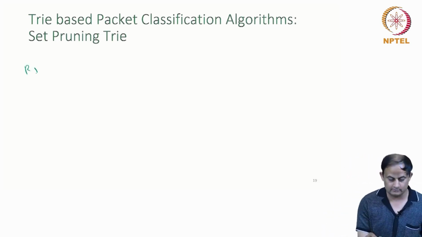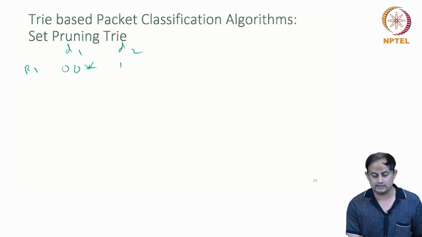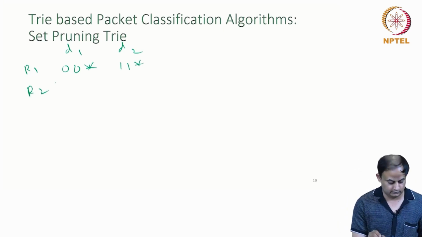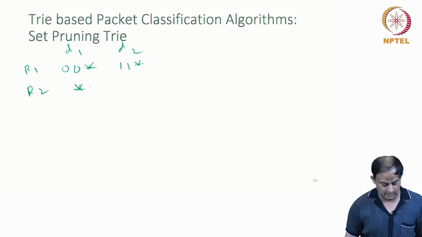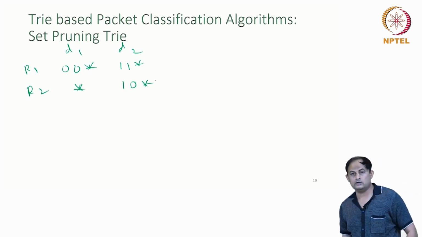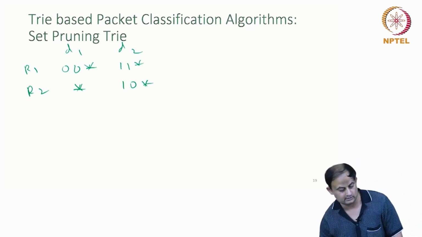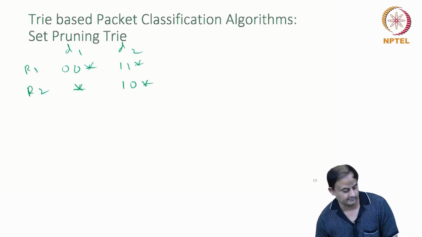Let's say rule R1, we have two dimensions D1 and D2. Rule R1 says the first dimension is 00 star and the second dimension is 11 star, and rule R2 says the first is star and the second is 10 star. Now, construction of the tree is as usual, starting with one dimension at a time.